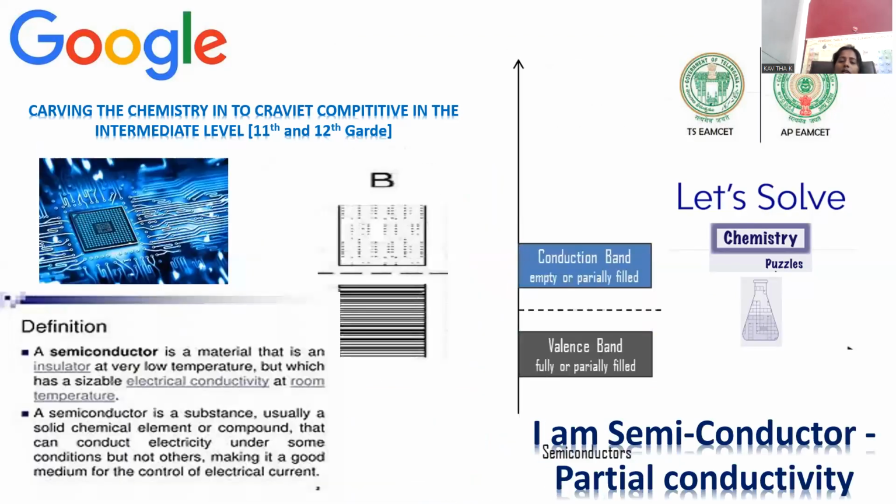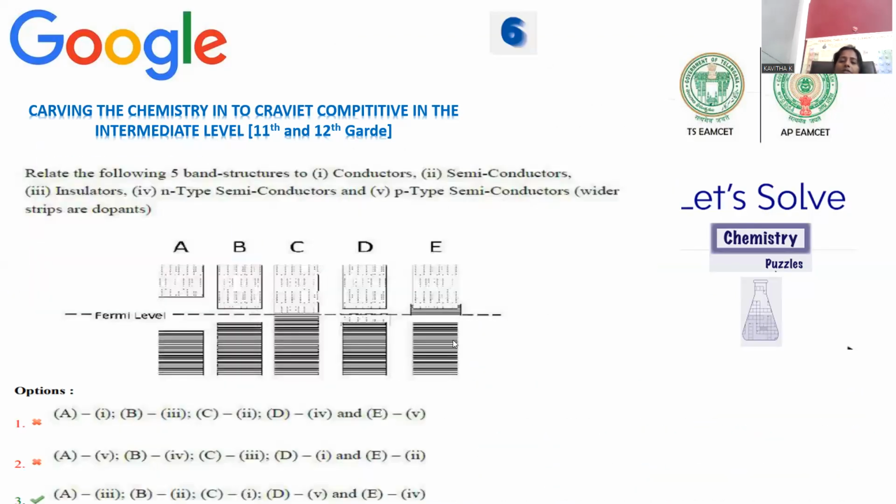So all the mentioned examples are clearly described. A for what? A for insulator, we said. So the third one is the insulator. You can notice B for what? B for 2, they are saying, is the semiconducting material. C for what? C for 1. 1 is for conductor, no energy gap.